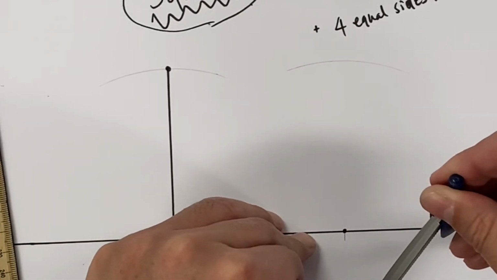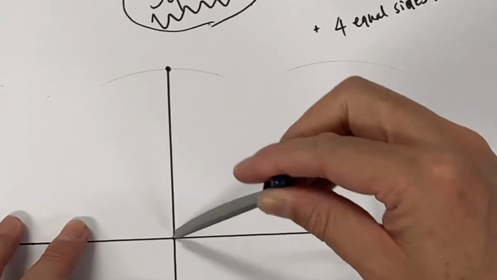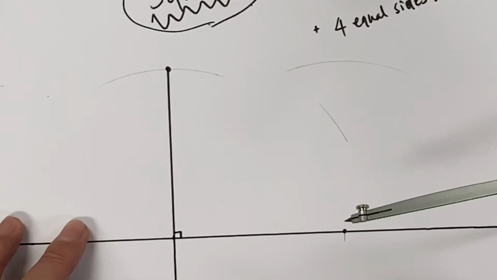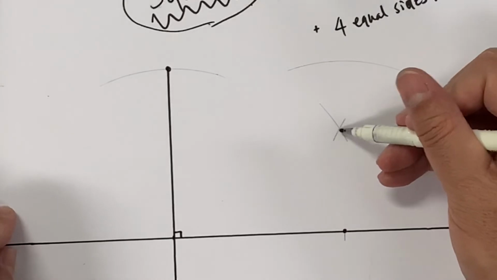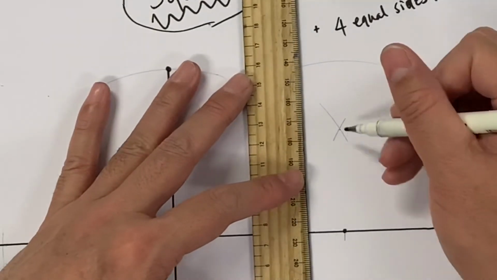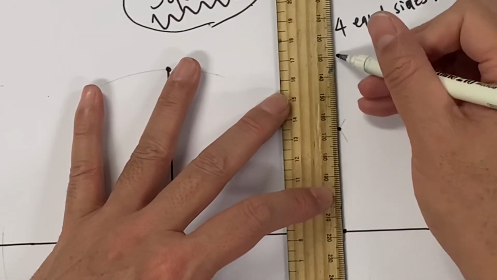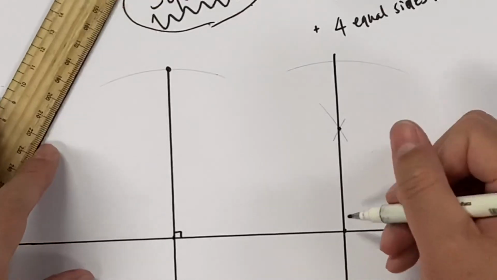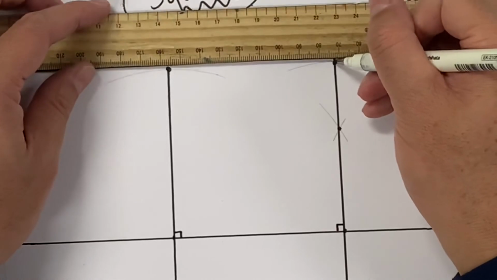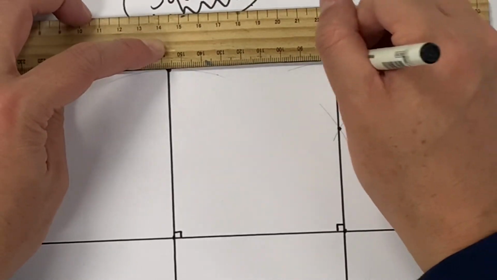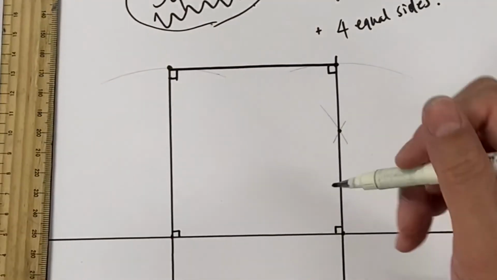Oops. Draw an arc. You can do the other side as well. And if I connect these two dots, this is a perpendicular line. And this must be the last corner of the square. So this is now a square.